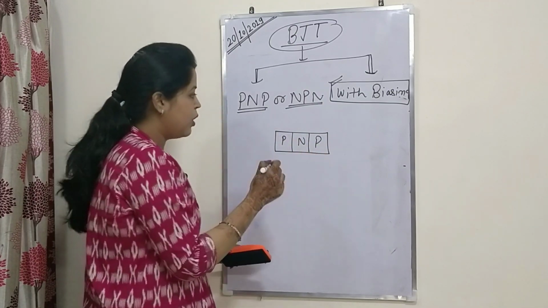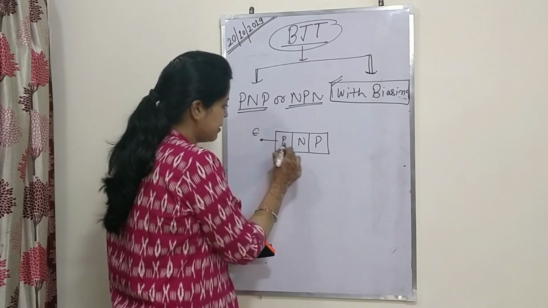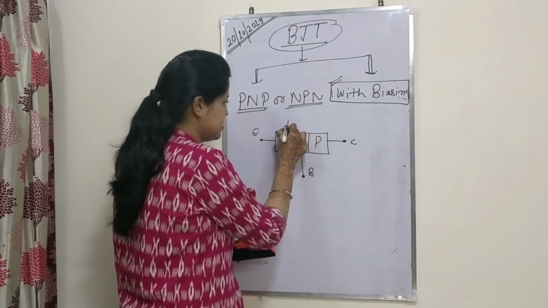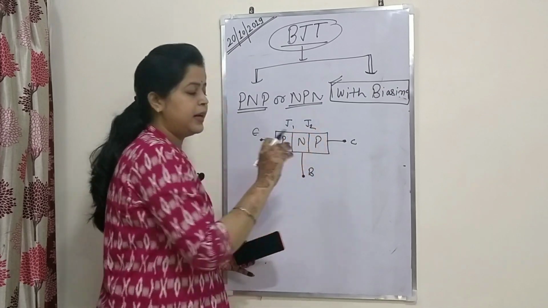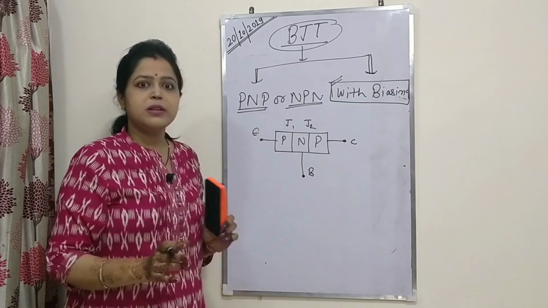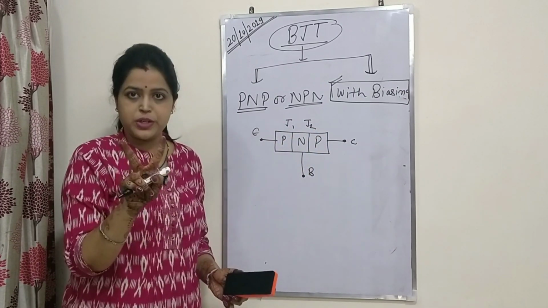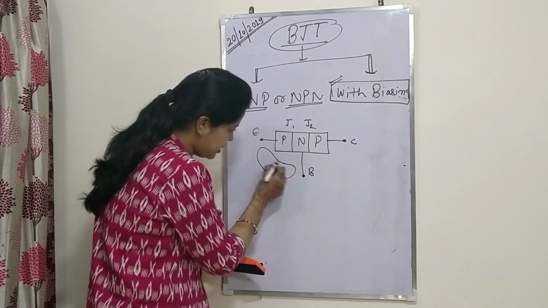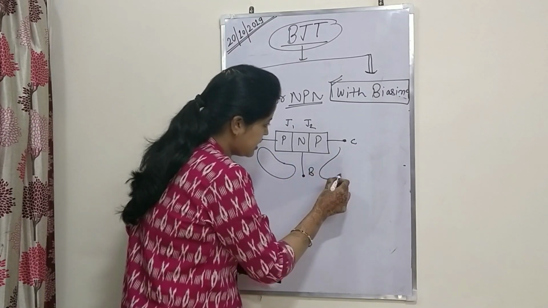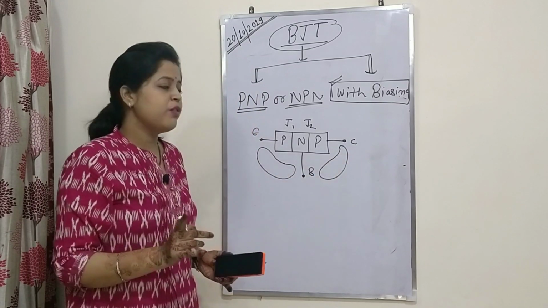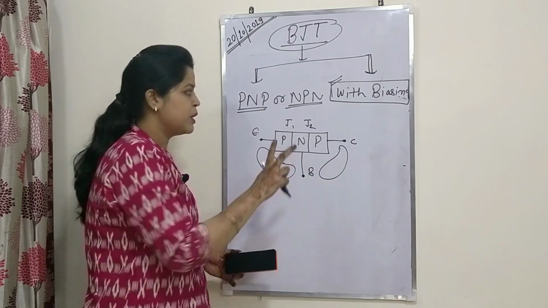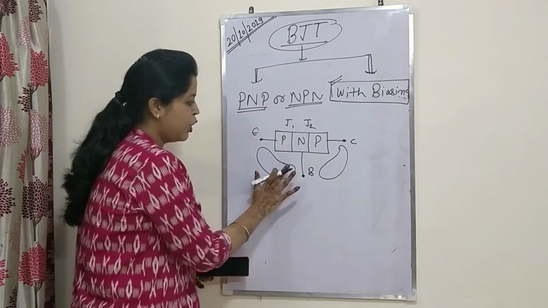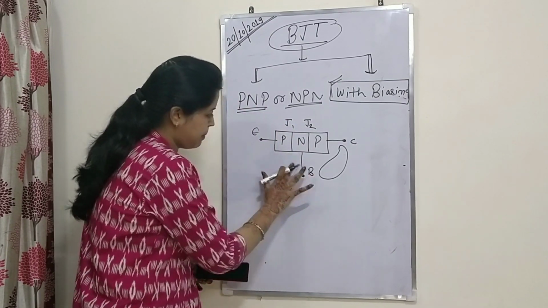Okay, now you have three terminals and two junctions. So in terms of power supply, here you have two options, whether you can apply a battery from this section or from that section. So instead of using a single battery, just because of two junctions, you will have to go with two batteries or two power supplies.